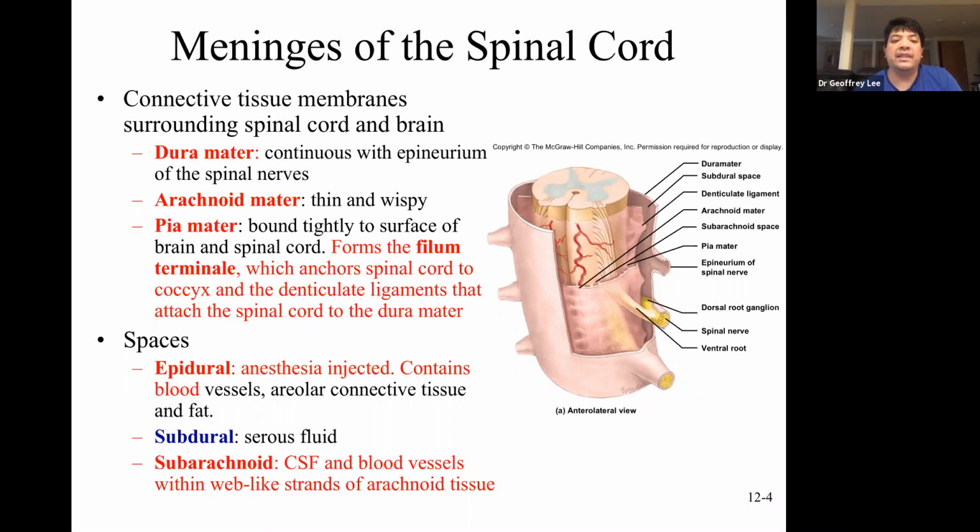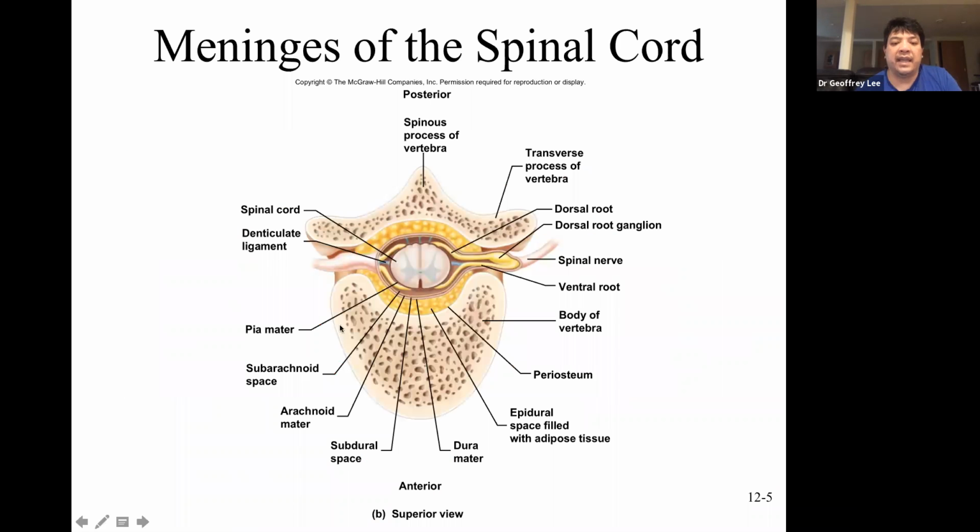So again, three layers. The dura mater is the toughest and most superficial. It continues with the spinal nerves as they exit. Right here is a spinal nerve as it exits, and the dura mater continues with the spinal nerves as they exit outwards.